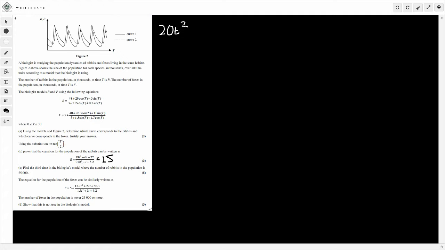So 20t squared plus 25t plus 130. And this is just equal to whatever's left as the numerator. So that's just 19t squared minus 6t plus 77.